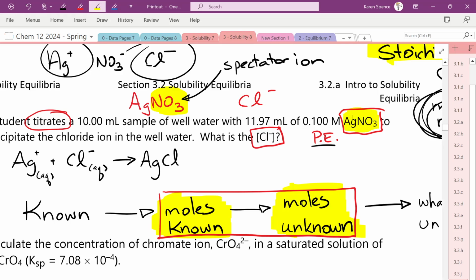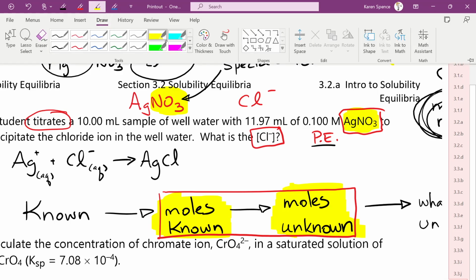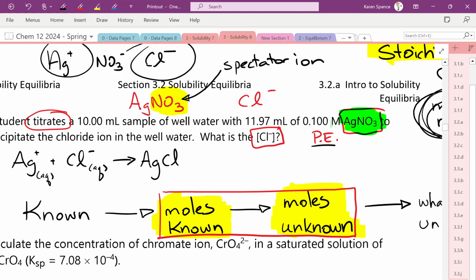What does it tell you about the AgNO3? It tells you the molarity, which is moles per liter, yes? What else does it tell you? It also tells you the milliliters. Are you able to take milliliters and moles per liter and find moles?